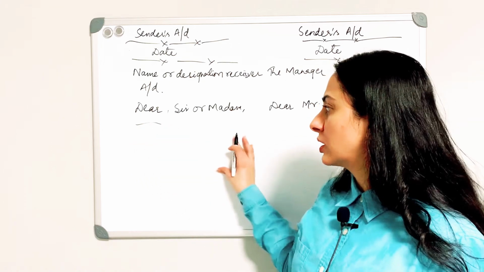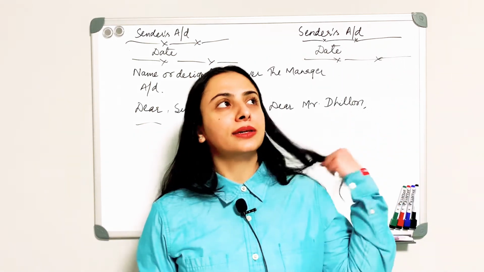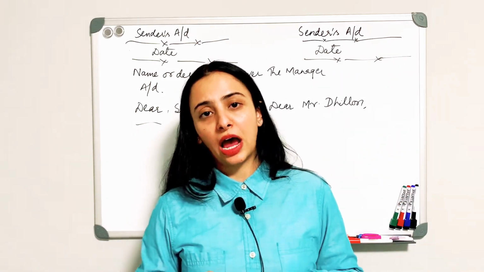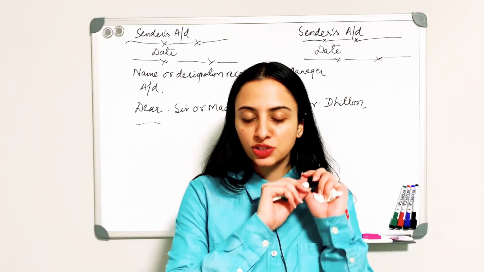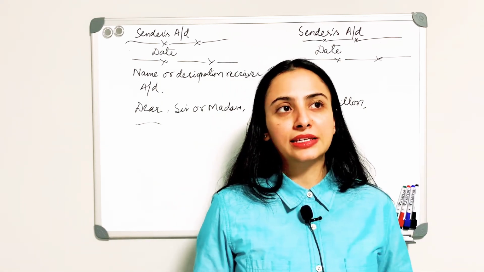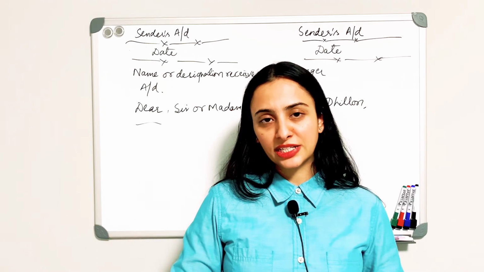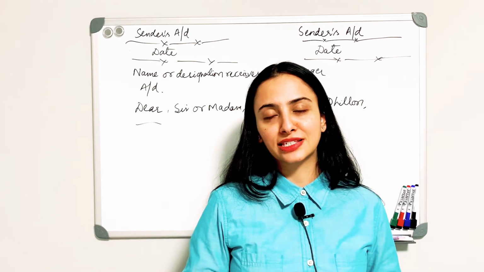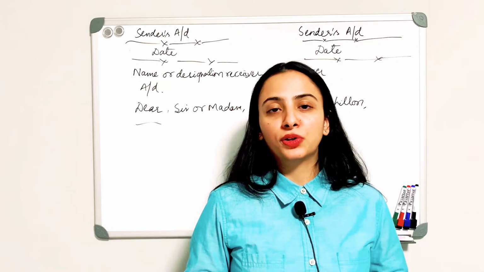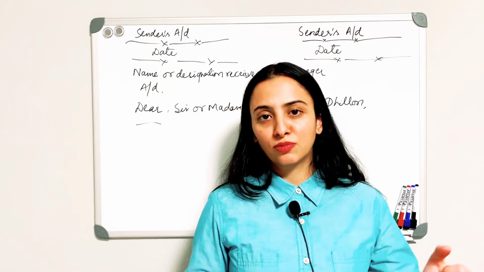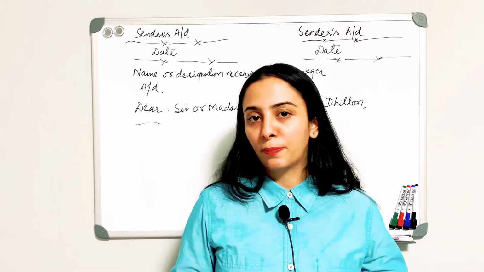Now here comes straight to the point. If you're writing to ask for some information, just lead with that. Just write that I am writing this letter because I want to seek some information, or we want to stay here and we would like to know about the packages.